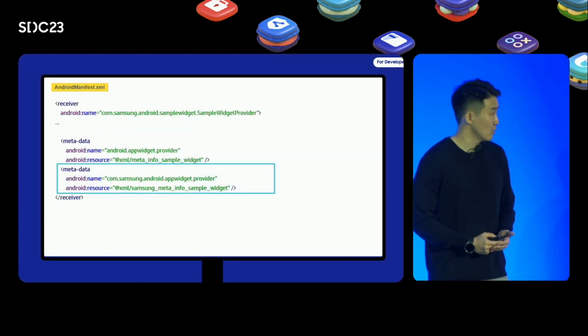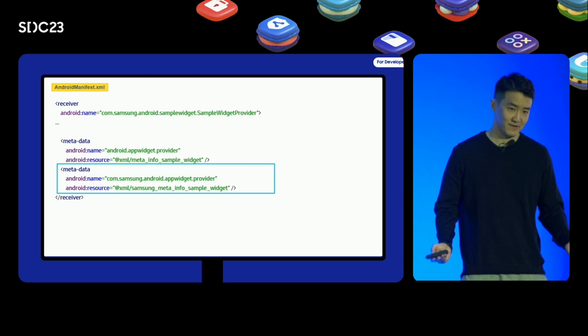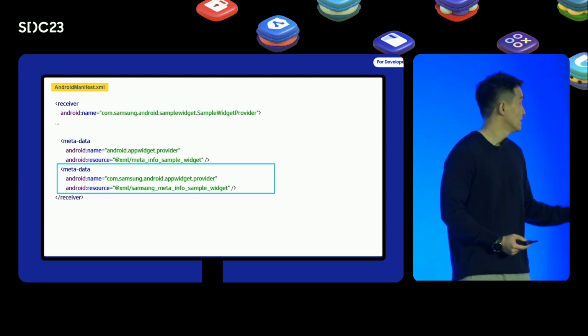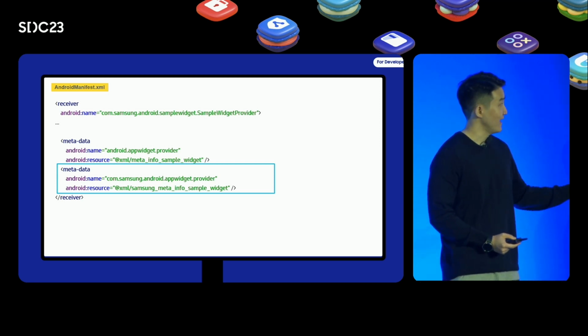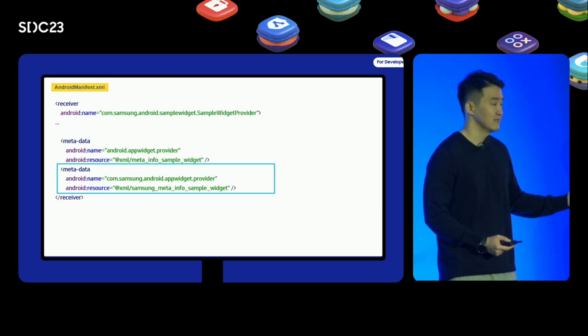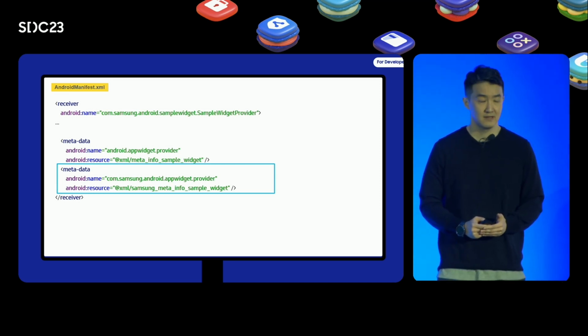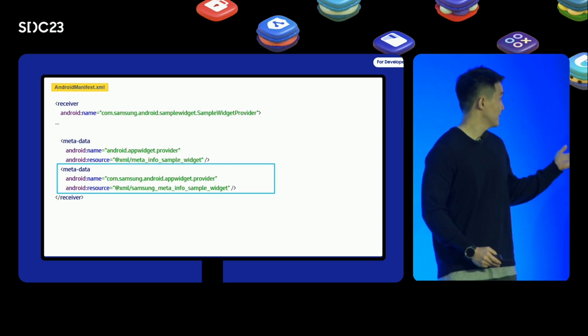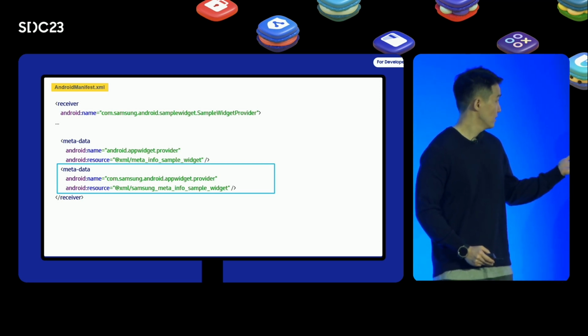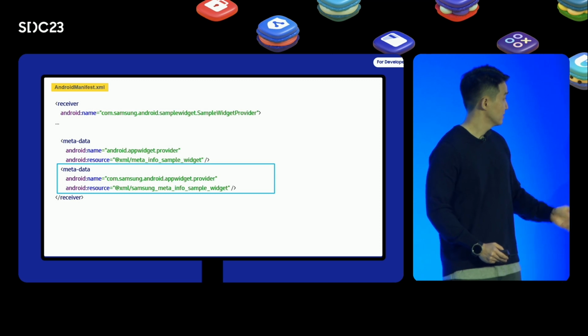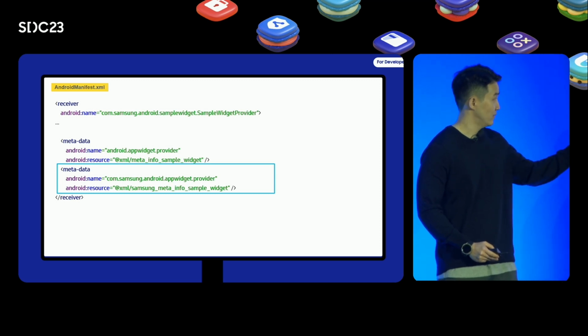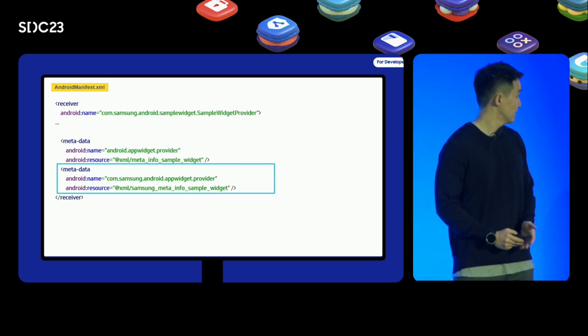Next is all about the code on how to make a widget for flex window. This is an example of Android manifest in your app project if it has an app widget on Android. First, declare the metadata for flex window under the name as Samsung-defined Samsung Android app widget provider with the resource file.